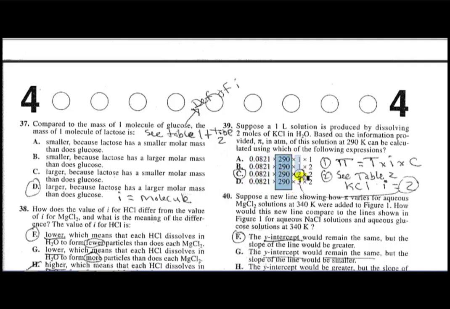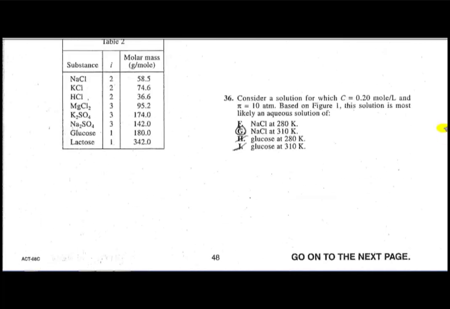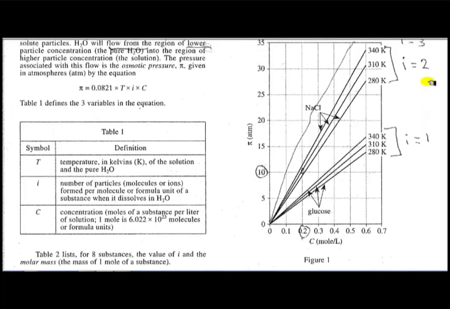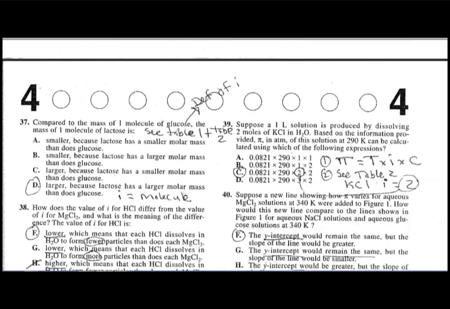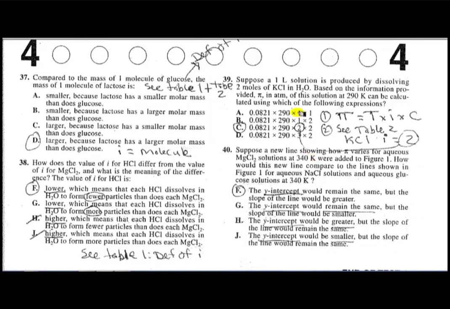It is dependent on these two columns over here. So if you go back up to the formula, you see which one is the second column. Second column here is our i value. So we know that we can derive the answer to this problem by simply finding out what the i value is for KCl. It's either 1, 1, 2, or 3.